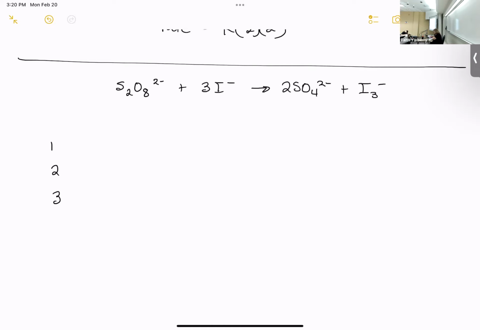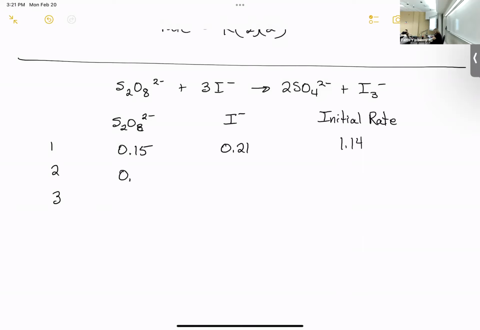The initial concentration of the S2O8 2 minus is going to be 0.15. For I minus, it is 0.21. And that has an initial rate of 1.14.